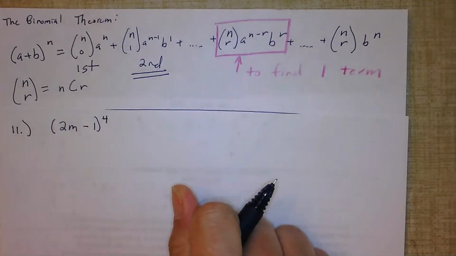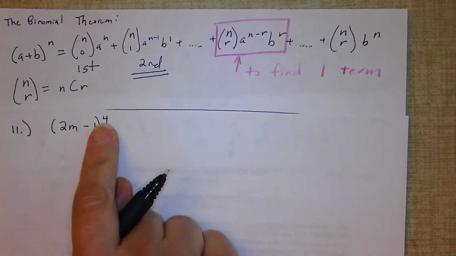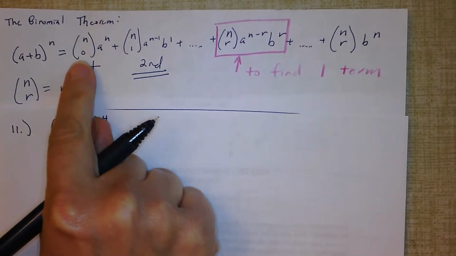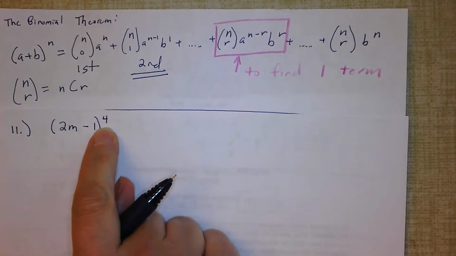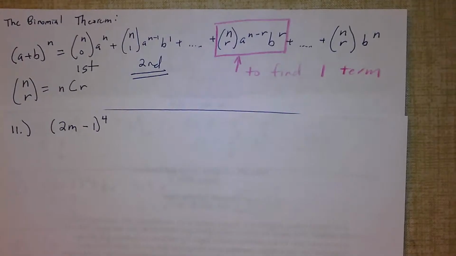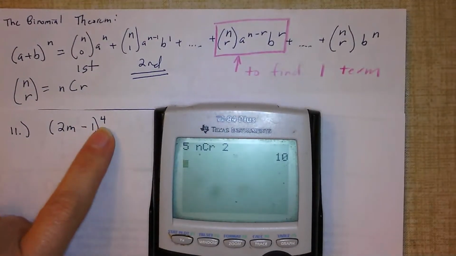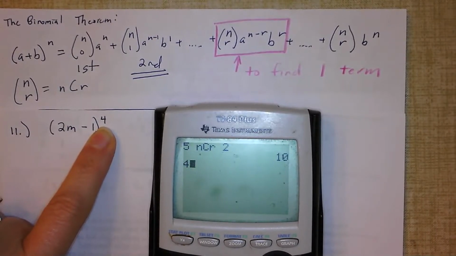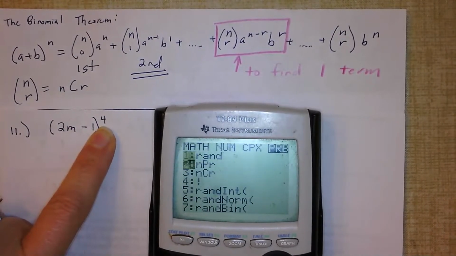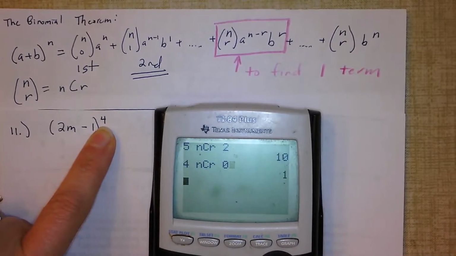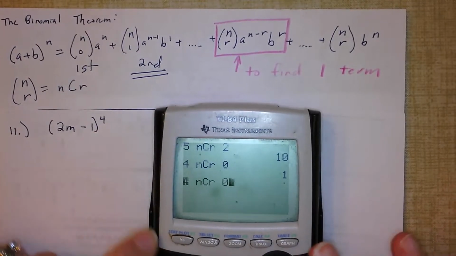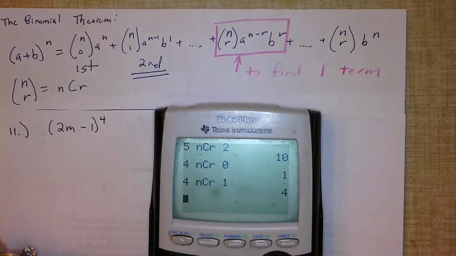Now, I'm going to be really honest with you. You have a choice. You can either use the binomial theorem to get your coefficients, like you can do 4C0 on your calculator. You can sit there and say, all right, if I need my coefficients, I can do 4C0, and then you could do 1, and you could keep doing that.